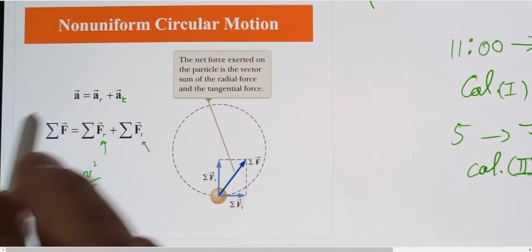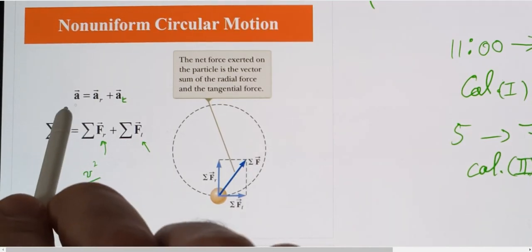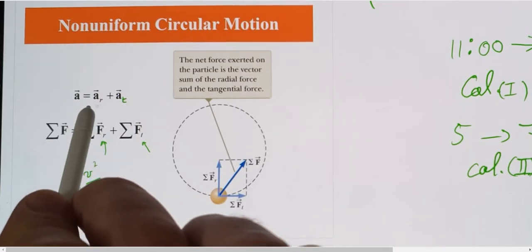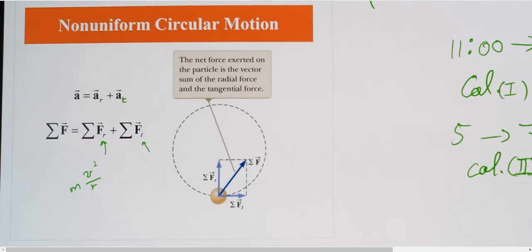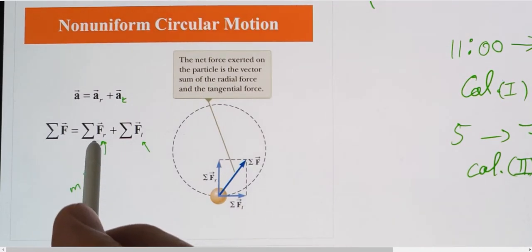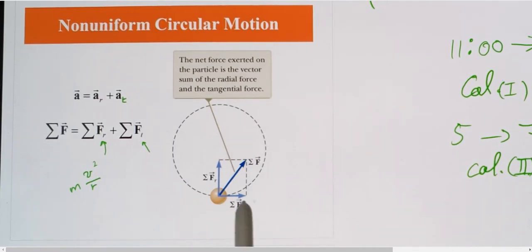So radial plus tangential. So now the total acceleration is the sum of two vectors, the radial vector and the tangential vector. So net force now is the sum of forces in the radial direction and forces in the tangential direction. So this is tangential due to changing in speed, and this is radial, that is centripetal.